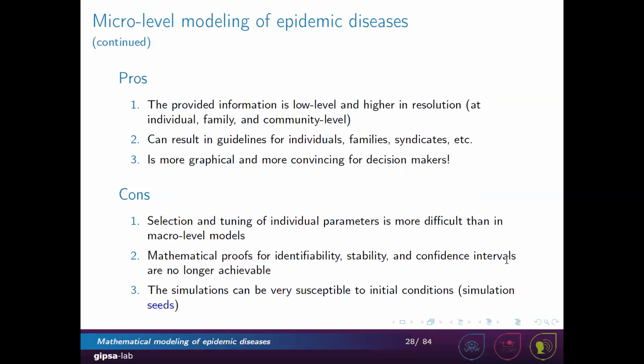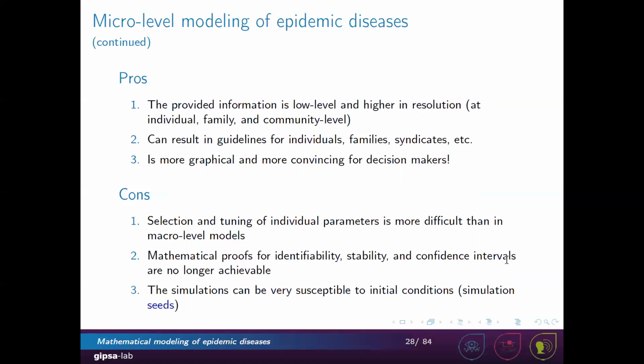But it's quite intuitive to set the parameters in micro level models. Another limitation is that we don't have the mathematical proofs such as identifiability, stability, observability, and confidence intervals that we already had in the first approach.